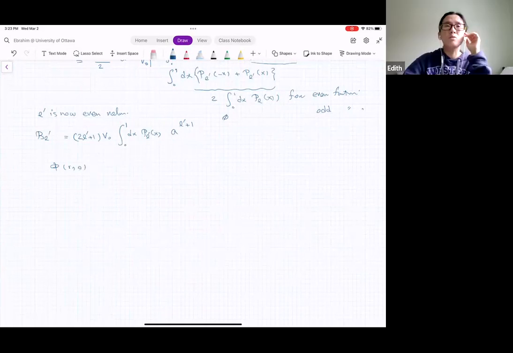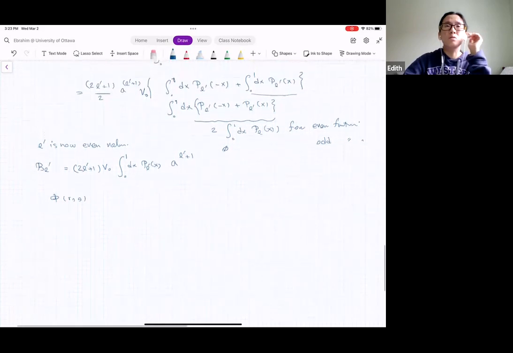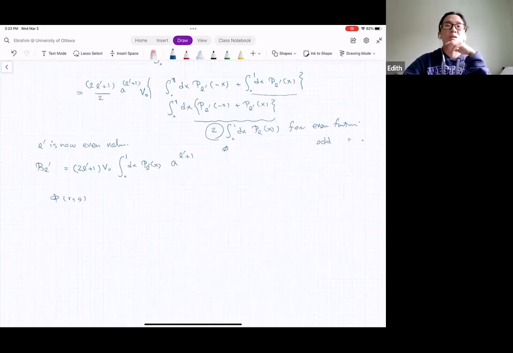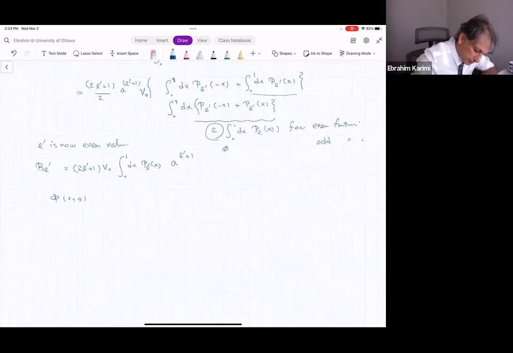Should there be a 2 in the front? The 2 goes away with this one. So it will be the summation from L equal to 0 to infinity of the B_L values, which we found here.